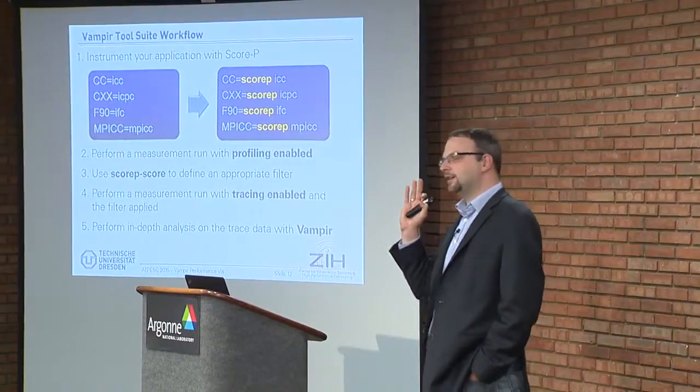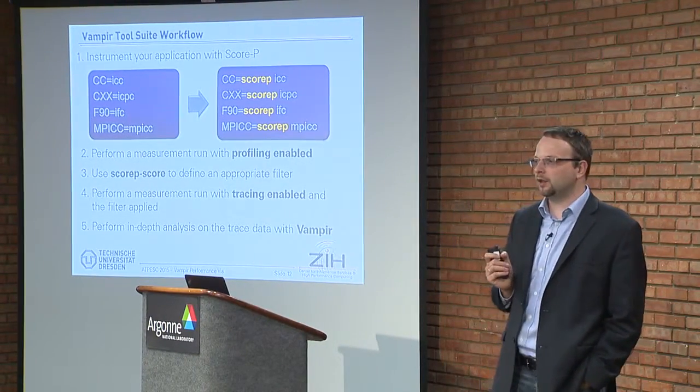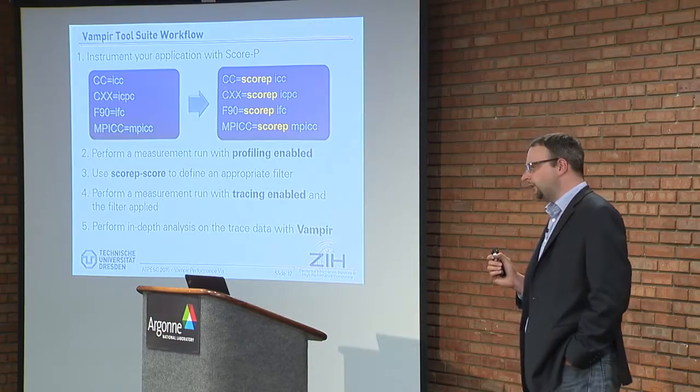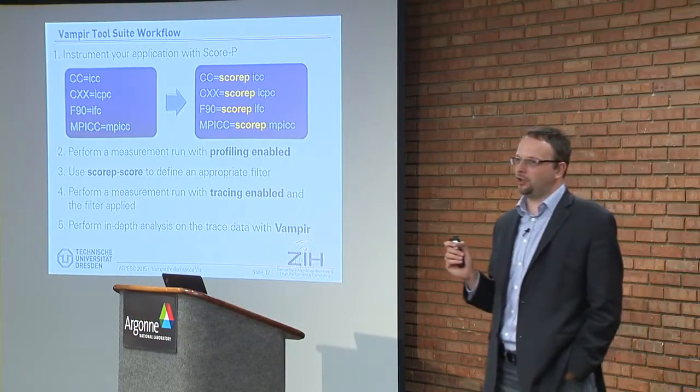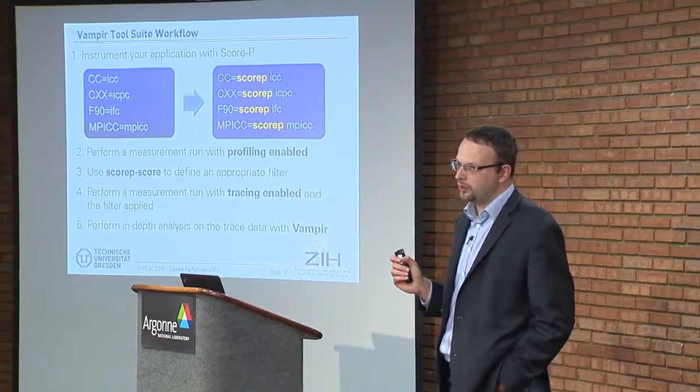In some cases, you have to hint a little bit more. For example, if you do MPI-CC and you're actually doing GPU computing underneath, so you need to link the CUDA libraries, then you have to add a --cuda. But this is basically rarely needed.